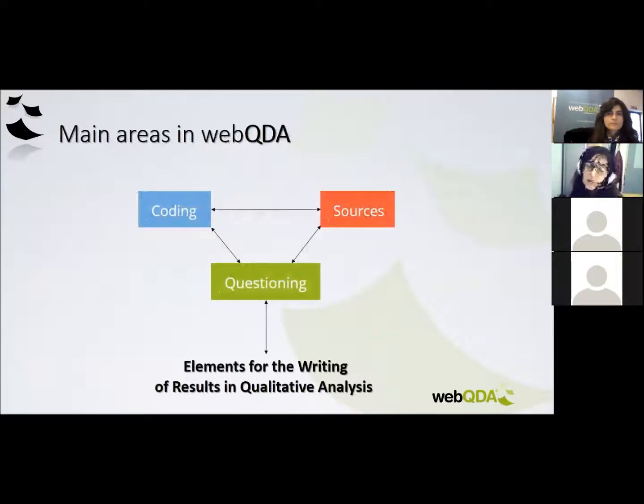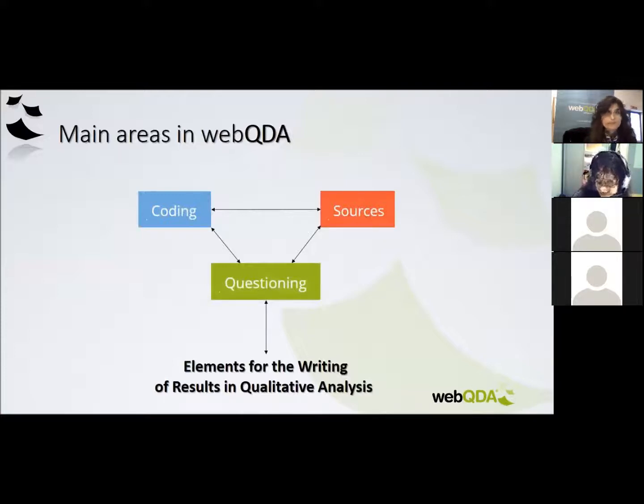Here we have the three main vectors of webQDA. We have sources, coding, and questioning. These three vectors present in webQDA are also present in all qualitative work, right? So you have data that has to do with sources, you have analyzing, coding, and you have querying, looking at the data and identifying patterns.